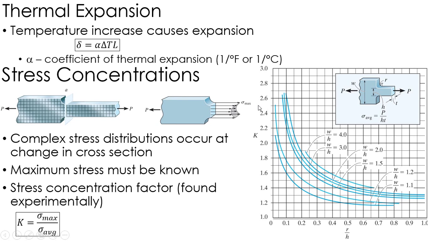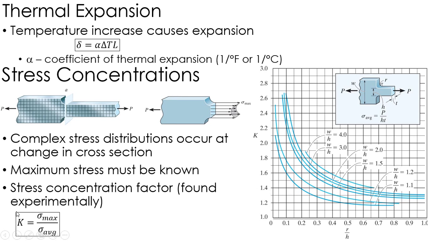If you've got a really sharp corner, i.e. very, very small r, it's going to be a lot easier to break that than if I have a nice rounded corner, okay? So you just find w over h and r over h, figure out which line to look at, which r to look at, and then just come over and you find your K.